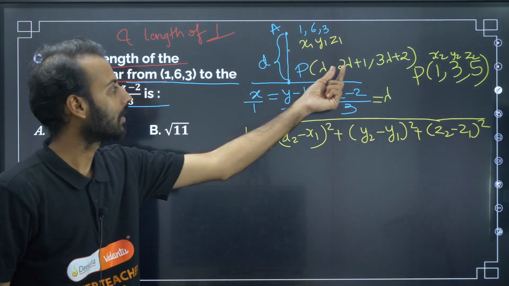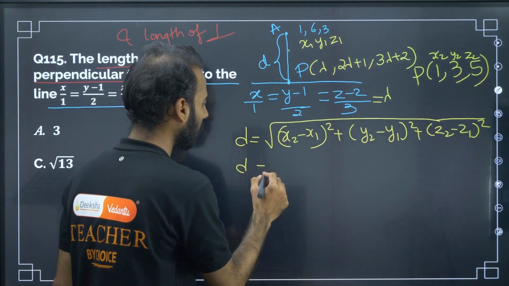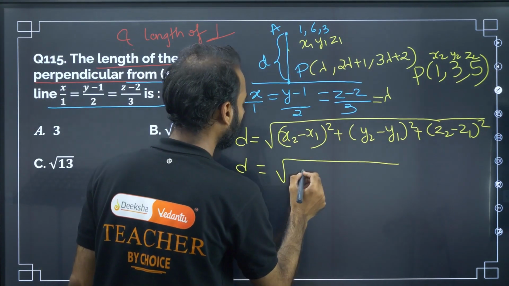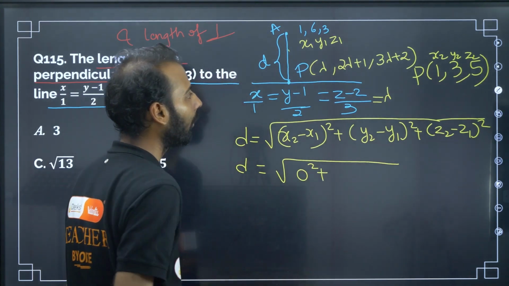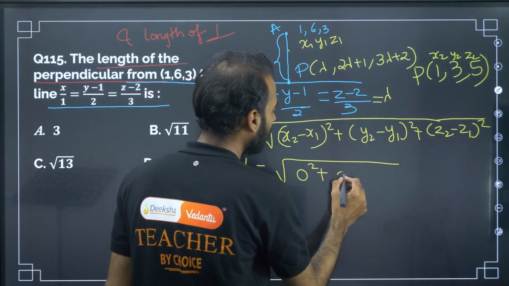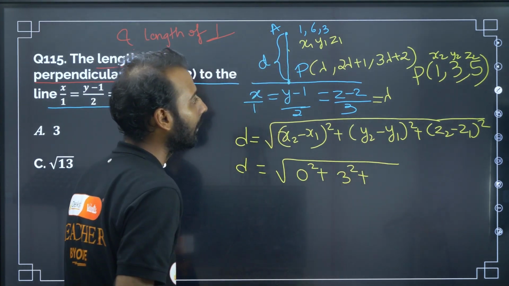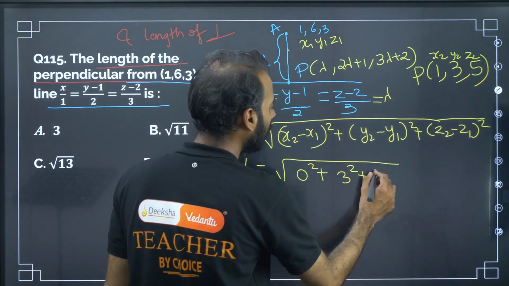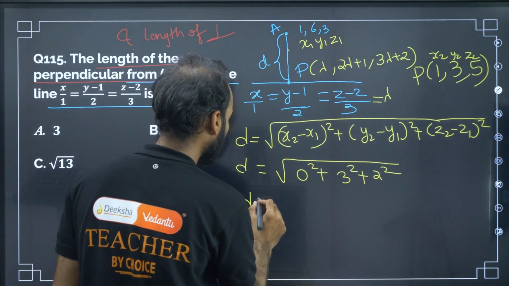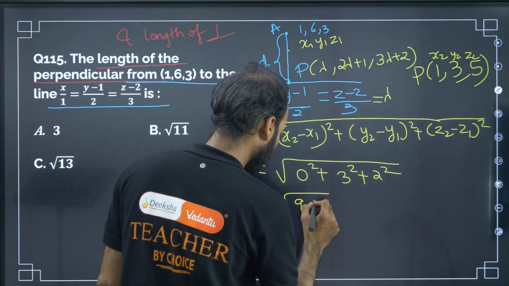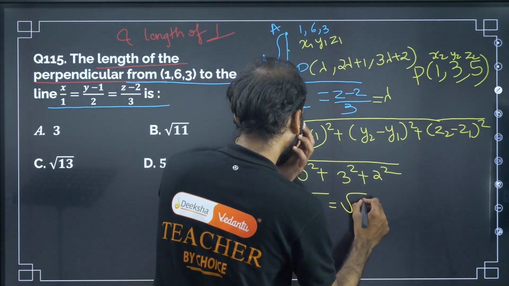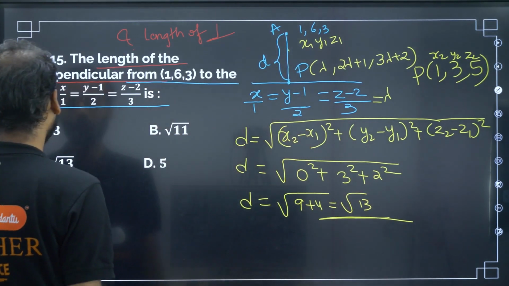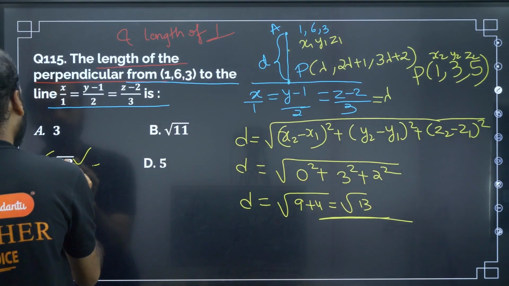If x1 y1 z1 is 1, 6, 3, then x2 minus x1 is 1 minus 1, 0 square, plus y2 minus y1, 3 minus 6, 3 square, plus z2 minus z1, 5 minus 3, 2 square. So distance is root of 9 plus 4, which is root 13. That was what they are asking, the answer is root 13.